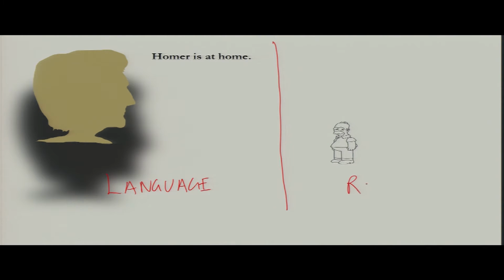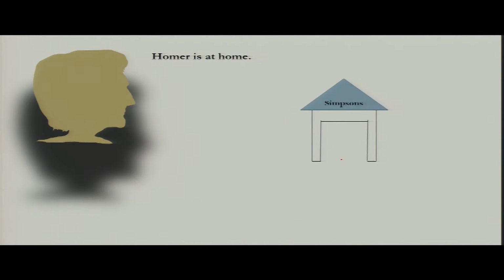We differentiate between the language and the reality, and we can see that this Homer somehow corresponds to this individual who is there in the reality. Also, there exists a home for Homer.